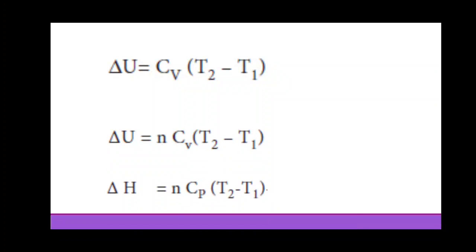ΔH equal to n Cp (T2 minus T1). So change in internal energy and change in enthalpy we can write. The Cp and Cv are molar heat capacities. Thank you.